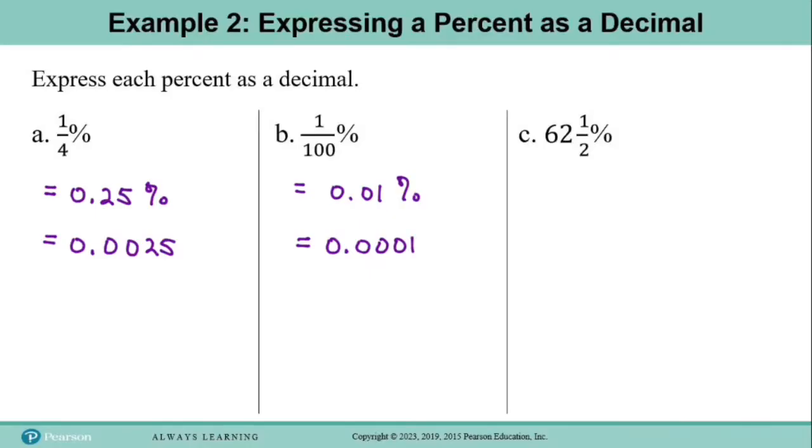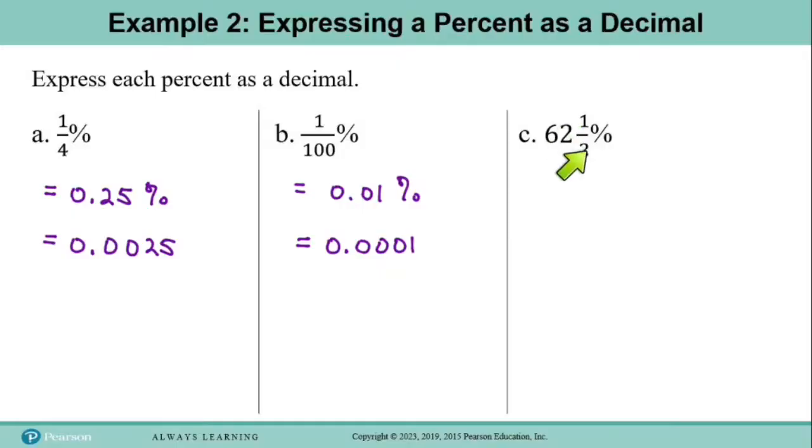So 1/100th of a percent ends up being equal to 0.0001. And again, compare what we ended up with to our percent written in decimal form. So if the decimal was here and we move it 2 places to the left, you can see how that's correct.